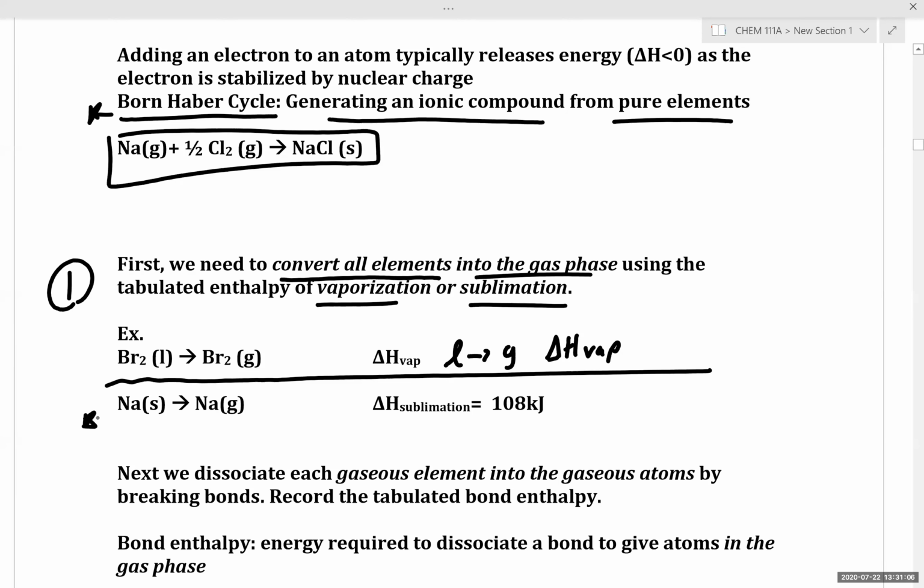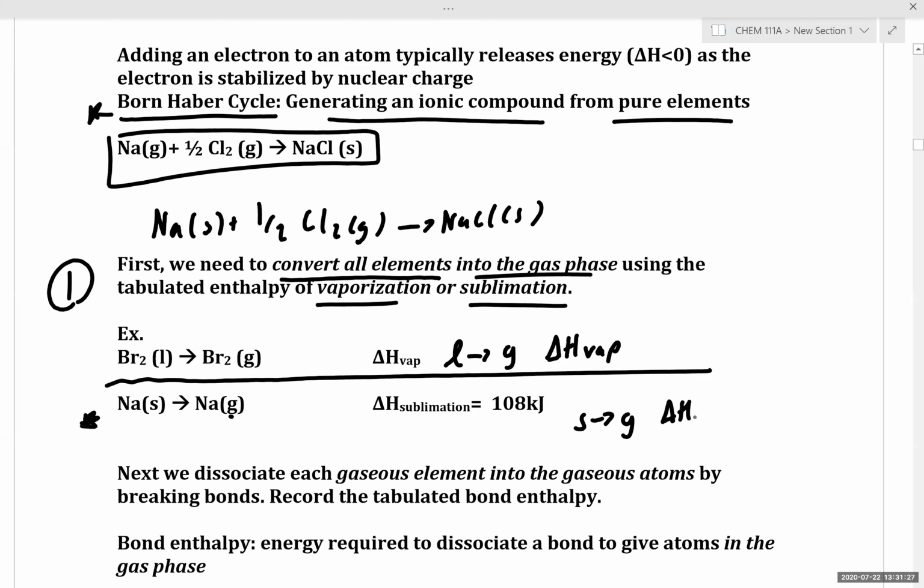To solve the problem at hand, for example, we need to take sodium, solid, and convert it to sodium in the gas phase. Okay, so to go from solid to the gas phase, we'd have to use the enthalpy of sublimation.